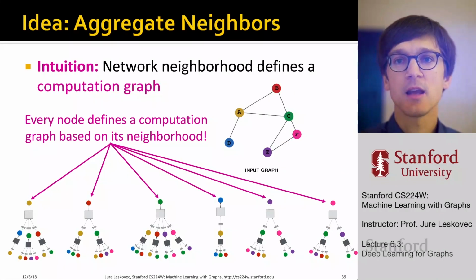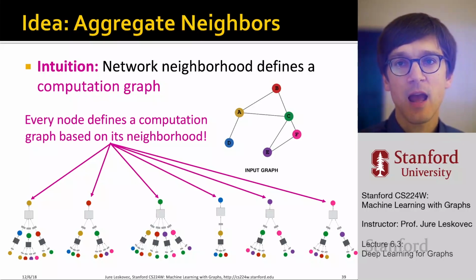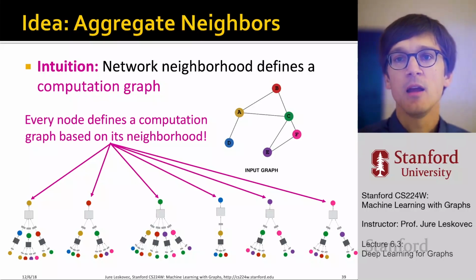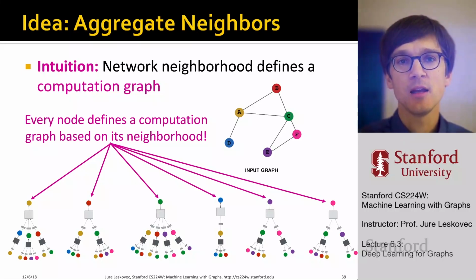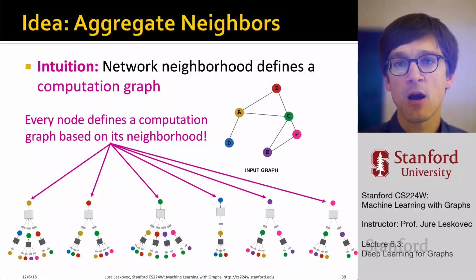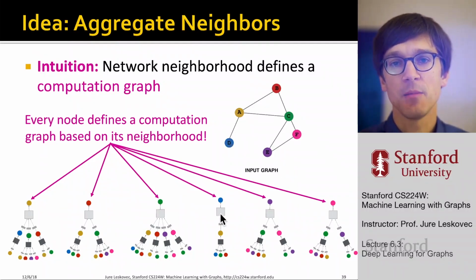What is interesting and fundamentally different from classical neural networks is that every node gets to define its own neural network architecture, or its own computation graph, based on the structure of the network around it. So what this means is, for example, that blue node D here, its computation graph will be like this, very skinny, because D takes information from A and A takes it from B and C. So this is a 2-layer neural network, but it's very skinny, very narrow.